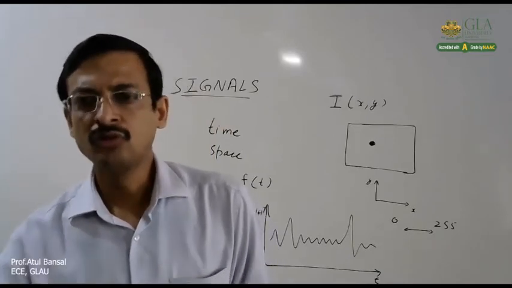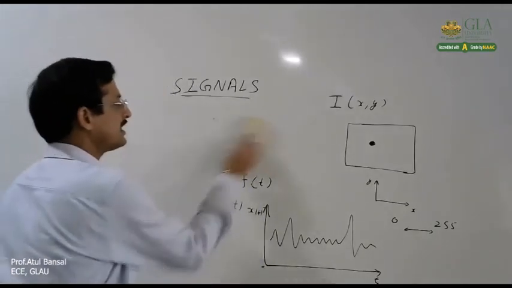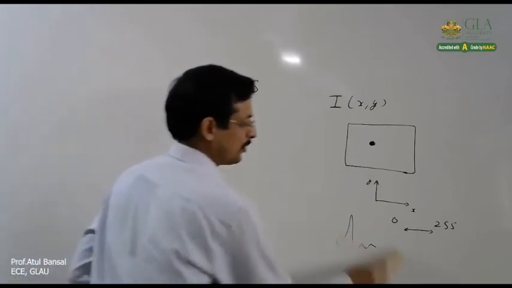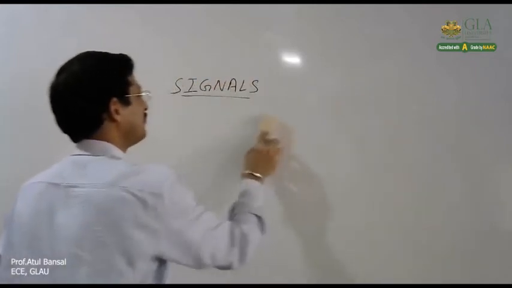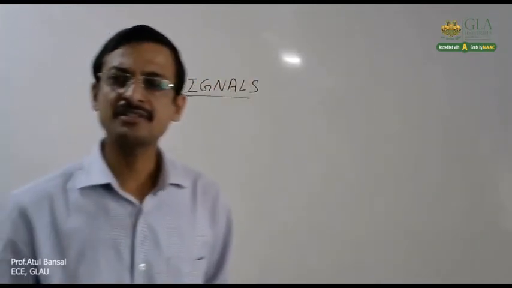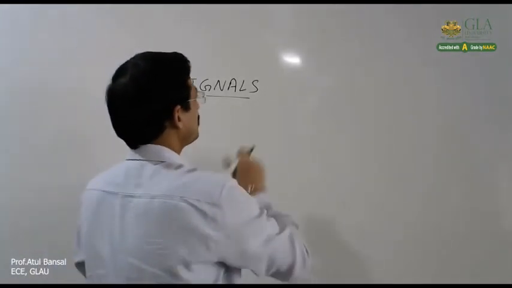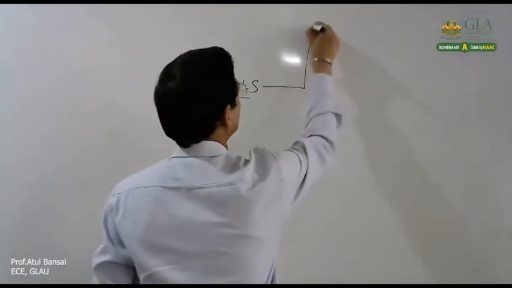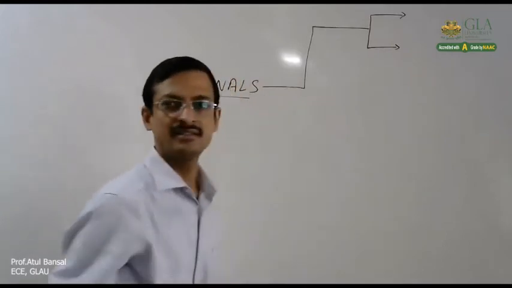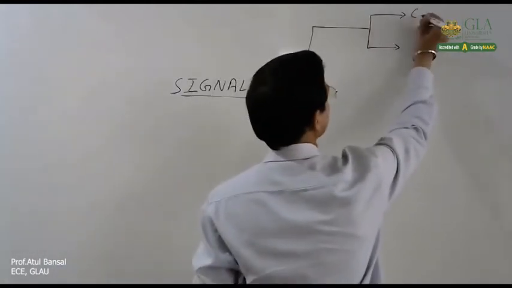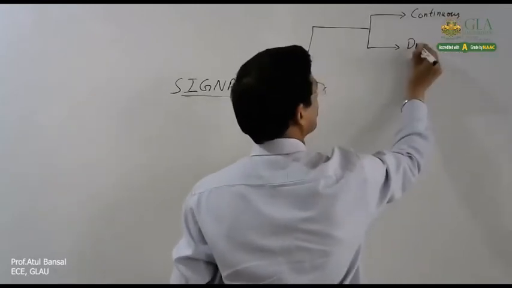Now let us move to the classification of signals. How do we classify signals? Signals can be classified in different ways. There are a number of ways based on which we can classify the signals. The first is the nature of the independent variable. Based on the nature of the independent variable, we can classify the signals as continuous or discrete.